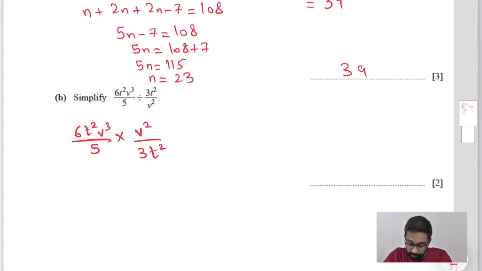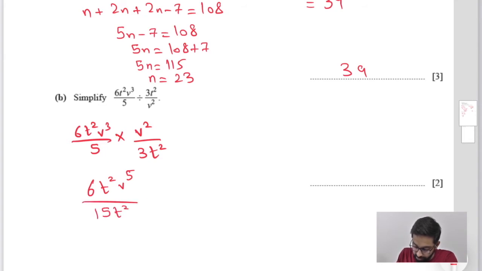Now, the next step is, of course, you multiply the numbers with each other. So 6t square v cubed times v squared gives you 6t square v to the power of 5. Of course, the power gets added. So the power of v becomes 5. And then 5 times 3t square gives you 15t square.